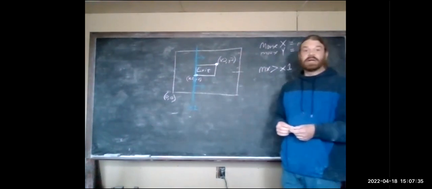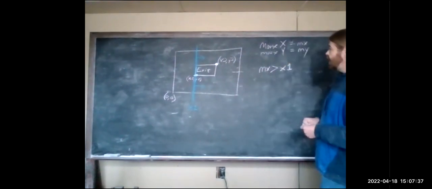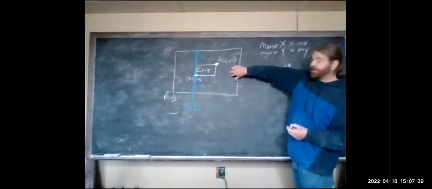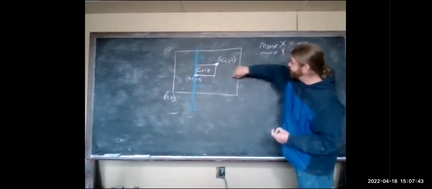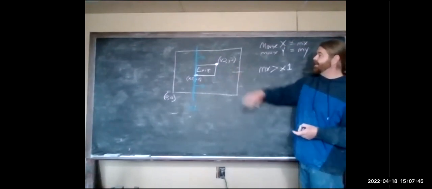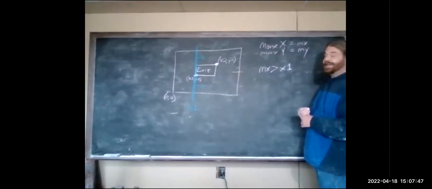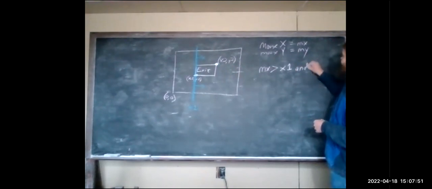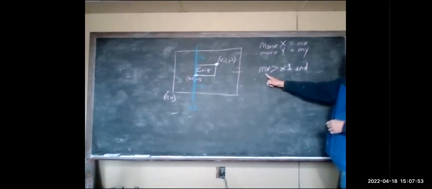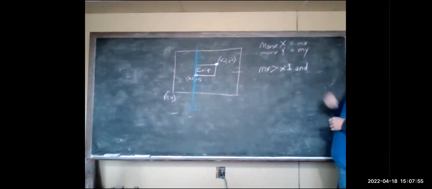But we need multiple conditions, because clicking way over here wouldn't be any good, right? Our picture of a button's over here, so if the user clicks here, that's definitely not the exit button. So we need that and condition. So our mouse click has to be bigger than X1, and the mouse click has to be smaller than X2.